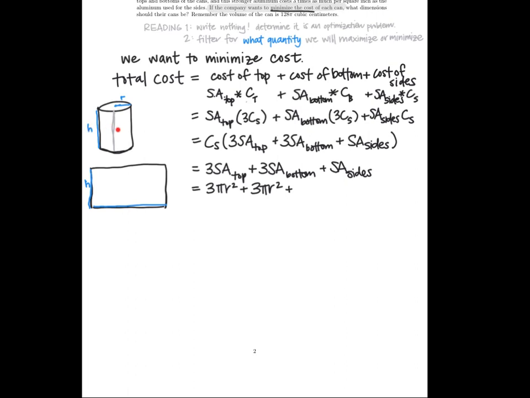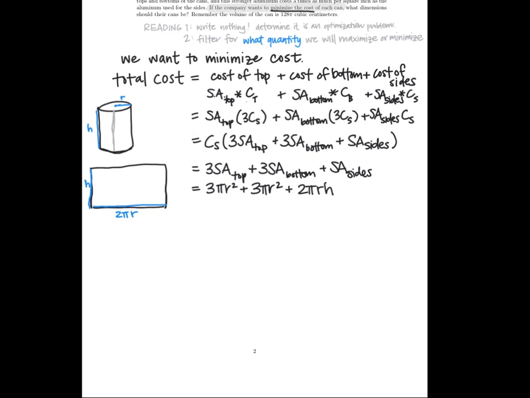This rectangle went all the way around the can, so it comes from the circumference of the cylinder there. And circumference is equal to 2 pi r. And so this area is going to be 2 pi r, which is going to be the length of that rectangle, times h, which is the width of that rectangle.